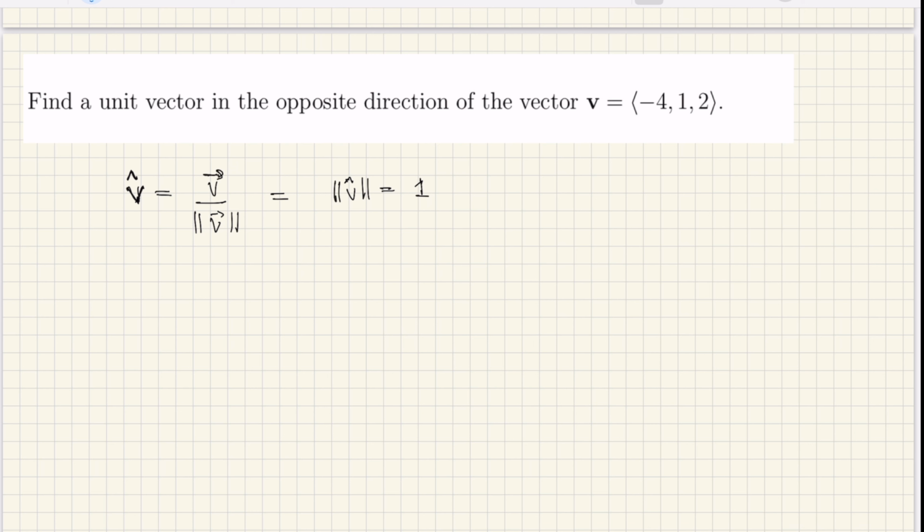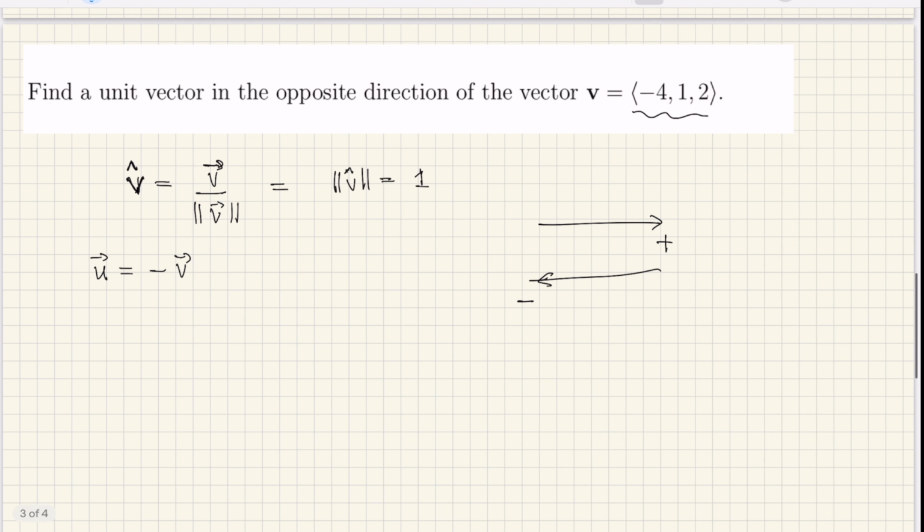All right. So if you are asked to calculate the unit vector in opposite direction, first of all, the vector in opposite direction, so let's say u, is going to be minus v. So if you are going in this direction, let's say this is positive, the opposite direction is going to be negative. So you want to multiply your vector by minus to show that you are going in the opposite direction.